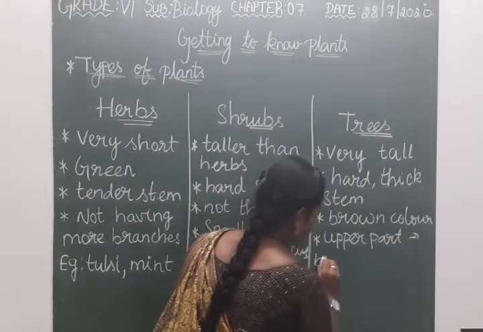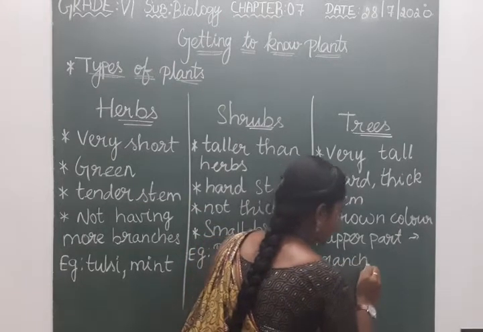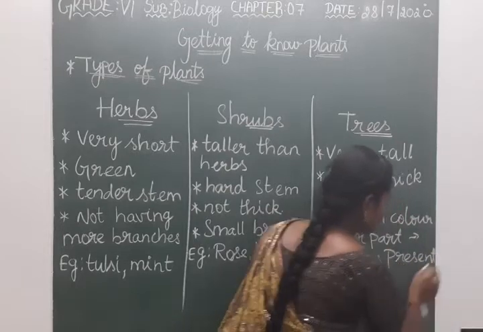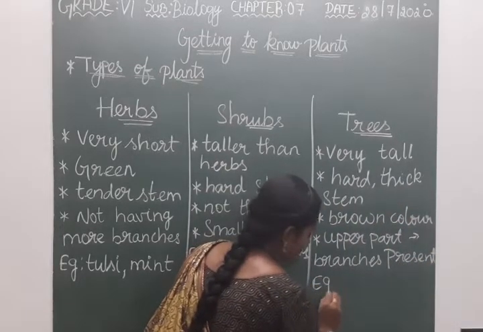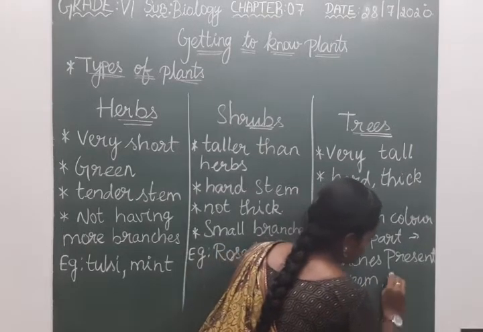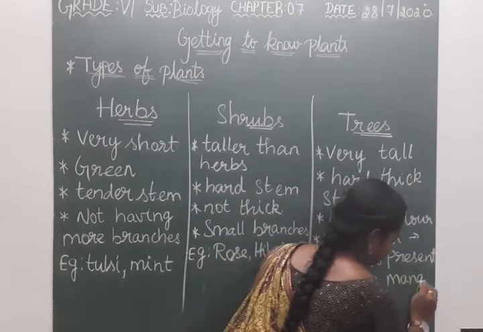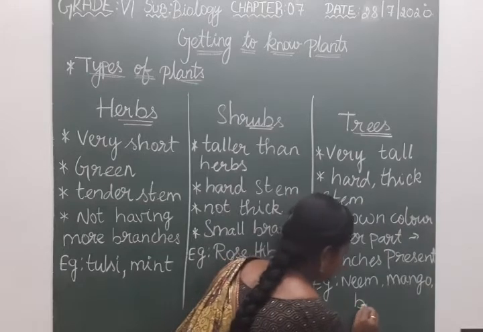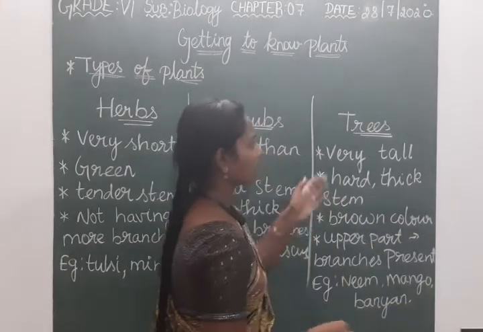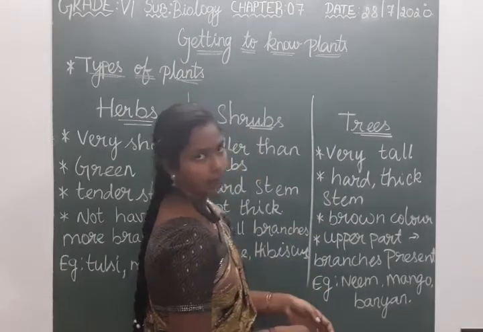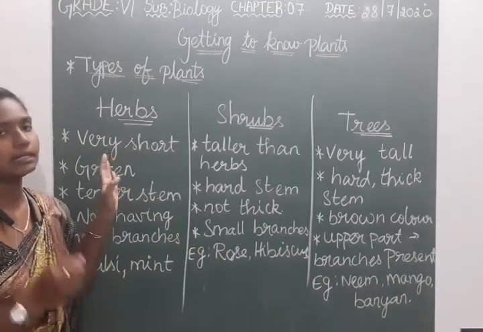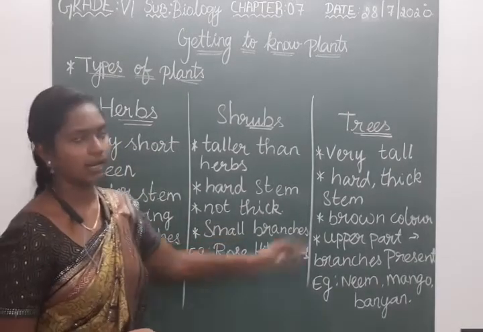Examples of trees are neem tree, mango tree, and banyan tree. So these are the characteristics and examples of trees, and these are the three categories of plants: herbs, shrubs, and trees.